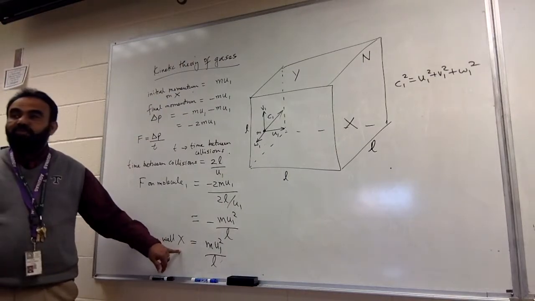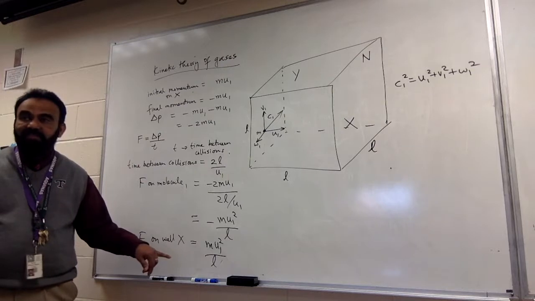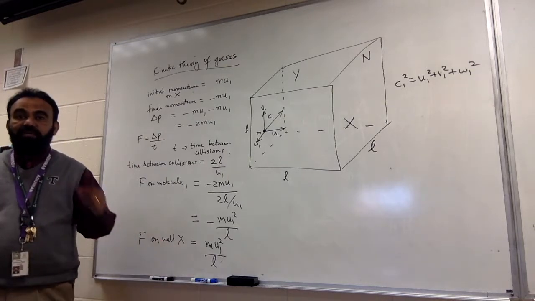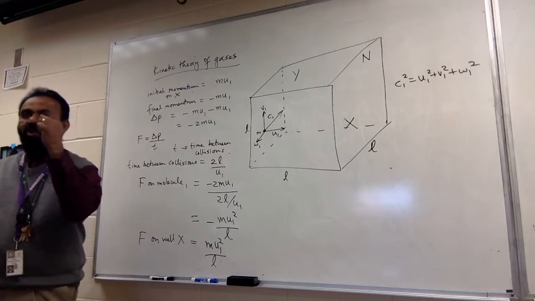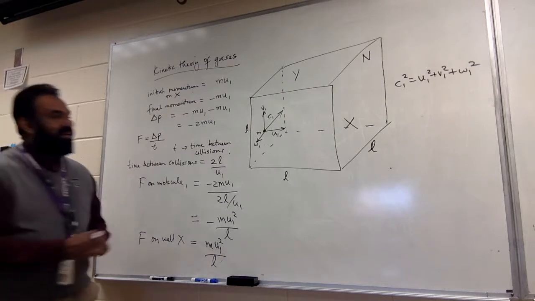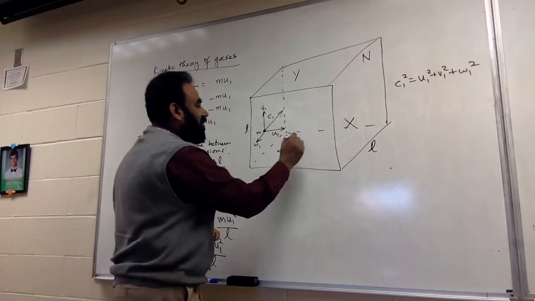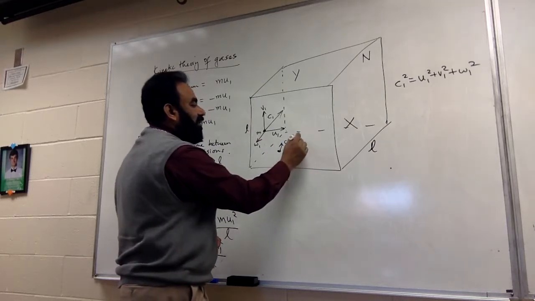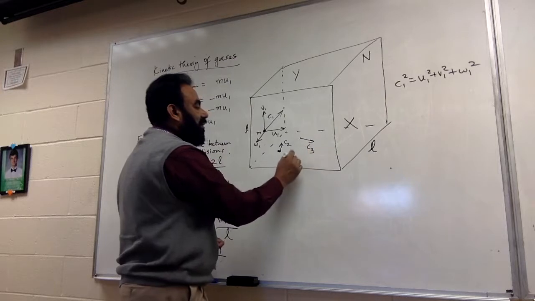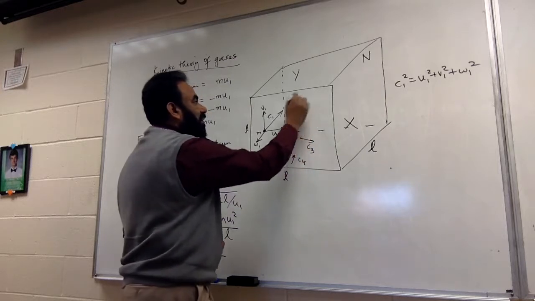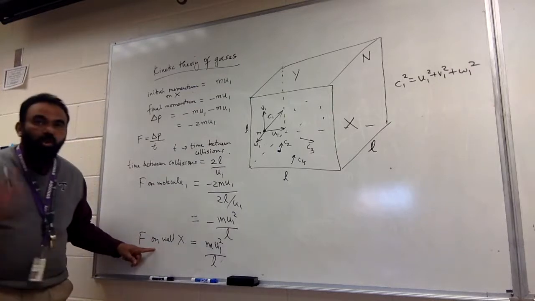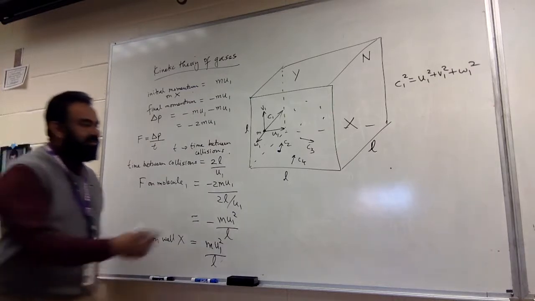So you got the force on wall X by the first molecule only. Now understand that there are so many other molecules. This one is moving with velocity C2, that one with velocity C3, C4, and like that there are many. So what is the total force on wall X?